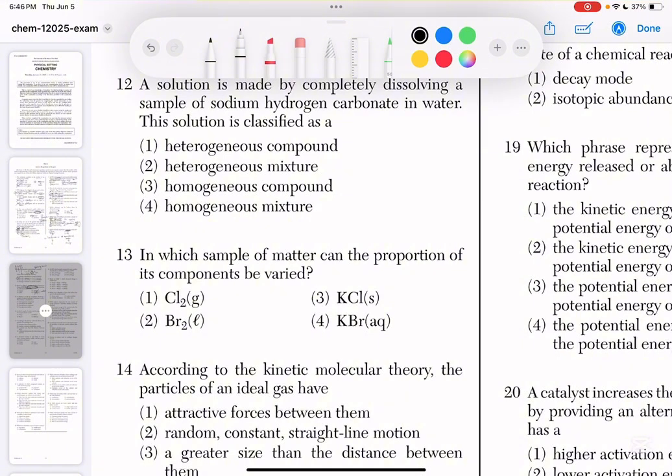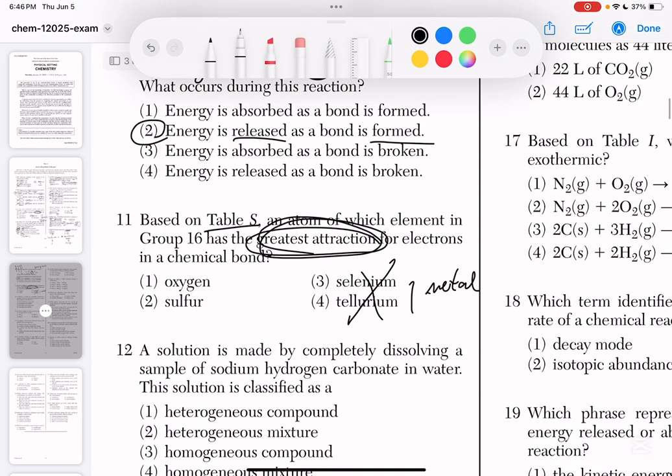So according to Table S, oxygen is 3.4 and sulfur is 2.6. So the oxygen here would have higher electronegativity, which means that it is able to attract more electrons.